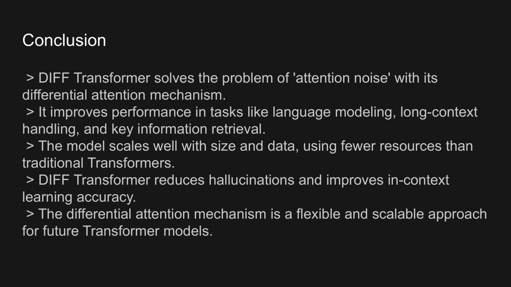Absolutely. It's a promising direction for future developments in machine learning. And of course, it ties back nicely to what we've discussed in previous episodes about evaluating models on practical tasks. Agreed. Definitely some points here we can revisit in future discussions, especially as more benchmarks and real-world applications come out for the Diff Transformer. For sure.